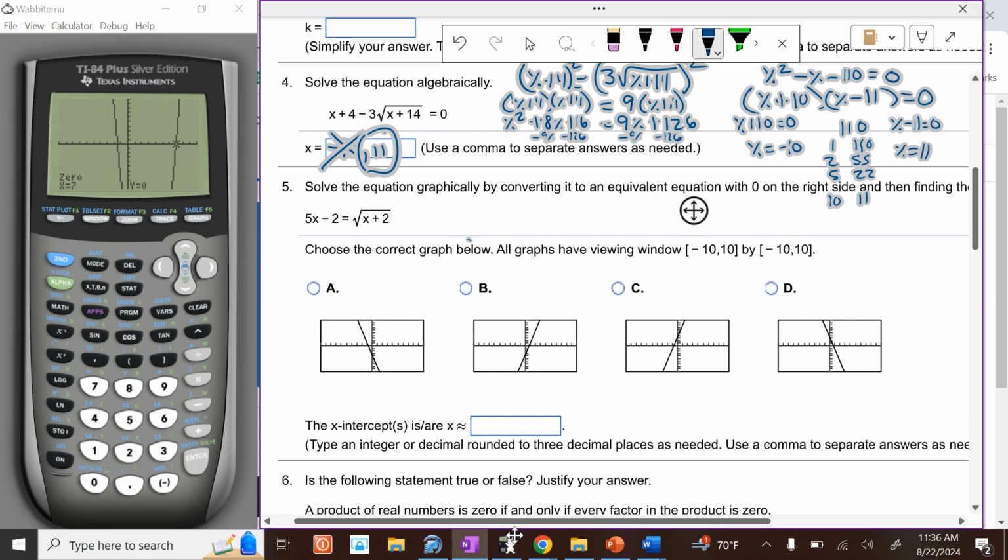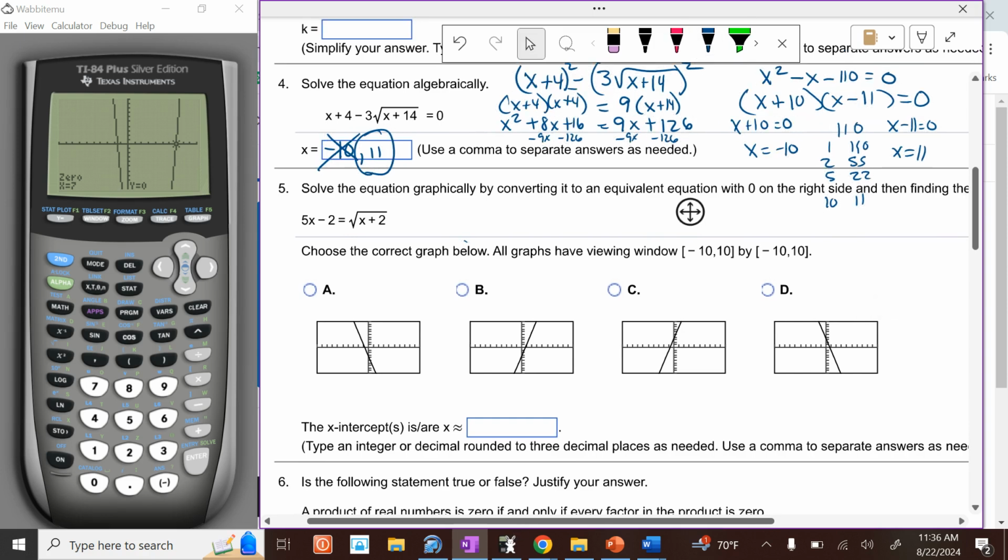For this one, it says solve the equation graphically by converting to the equivalent equation with 0 on the right side and finding that. So, we're going to go y equals, clear, and we're going to type 5x minus 2 minus the square root of x plus 2. I'm going to graph it, and we're going to match the graph.